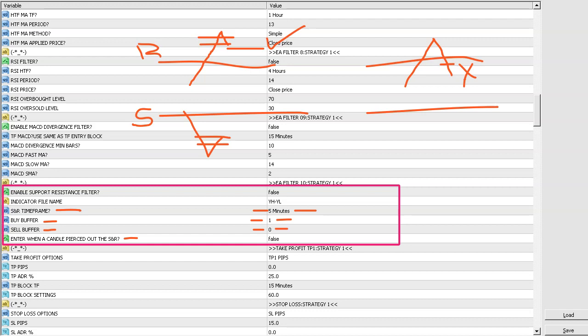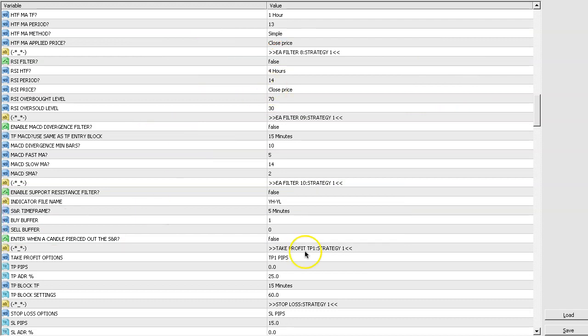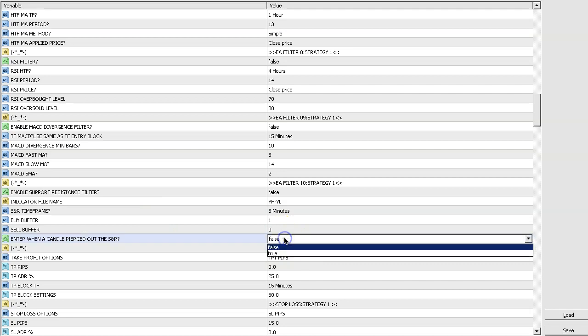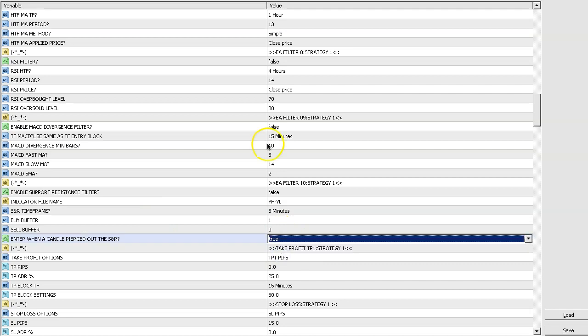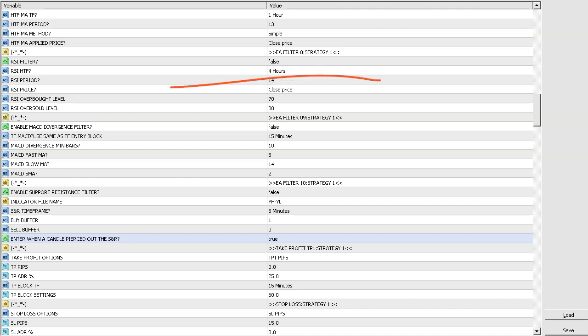Now, if this is true, if I make this true, then what is going to happen is I have my resistance, I have my support. The market happens to just pierce out, just comes out. Now we have the double option.